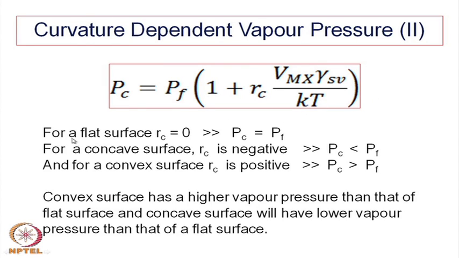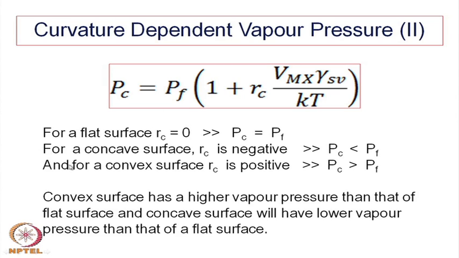Then we can have three different conditions quite obviously. For a flat surface, the radius is infinity, so the curvature term 1 by infinity becomes 0, and that leads to Pc equal to Pf. This is obvious: on a flat surface Pc will be equal to Pf anyway.